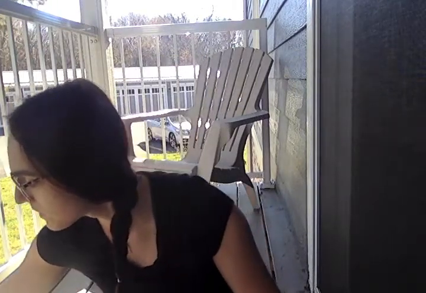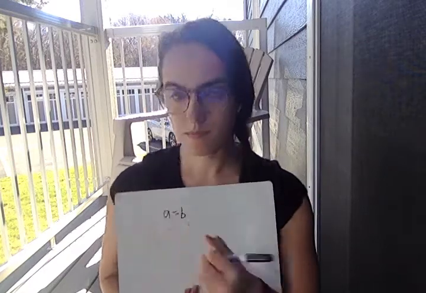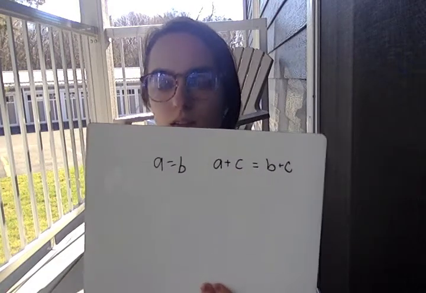So the first property is called the addition property of equality. It says that if A equals B, then A plus C is equal to B plus C. What does that mean?